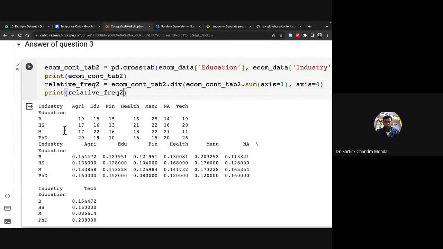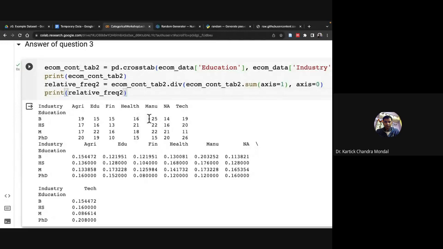and those having a master degree, the majority of them are in the education industry or manufacturing industry. Those having a school level degree, like higher secondary, are in the health sector, manufacturing sector or technological sector.